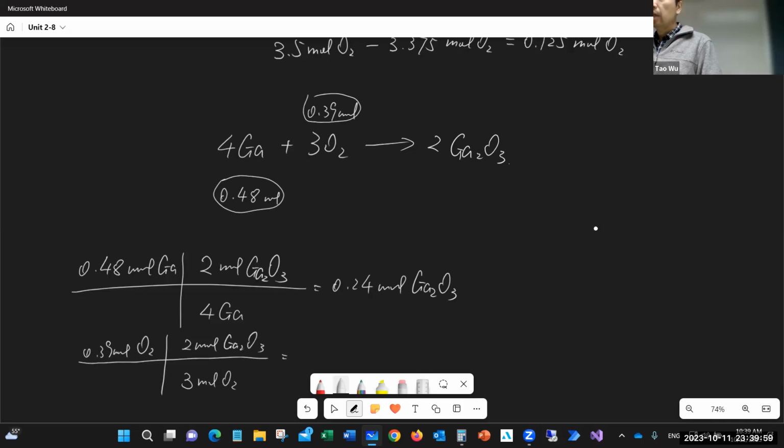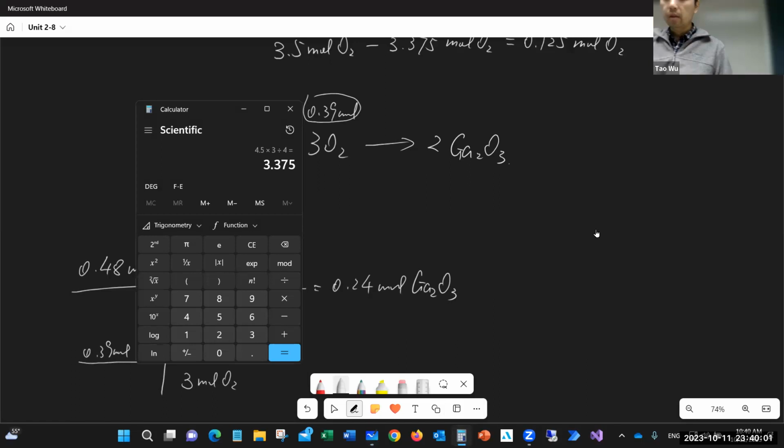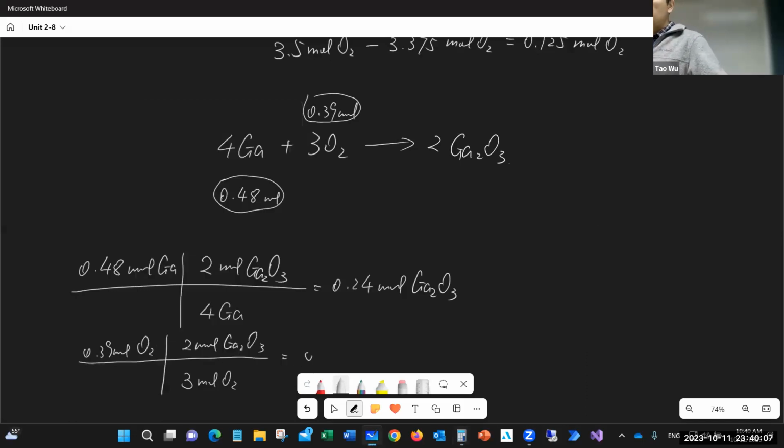Okay, so now you can see 0.39 times 2 divided by 3, 0.26. So we have 0.26 mole of the gallium oxide. Now in this case, we just compare those two, and we choose the smaller number.